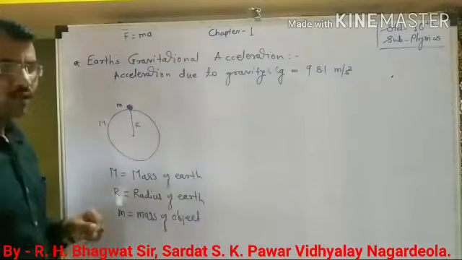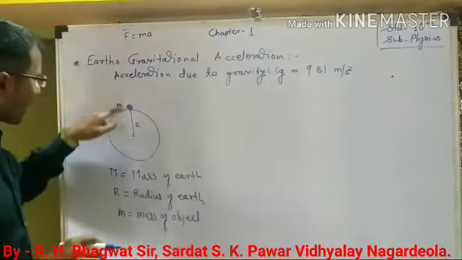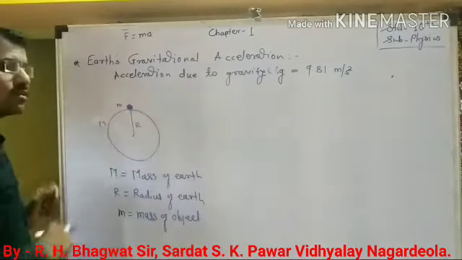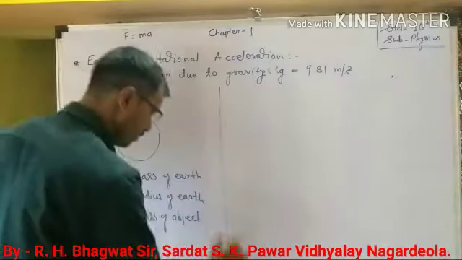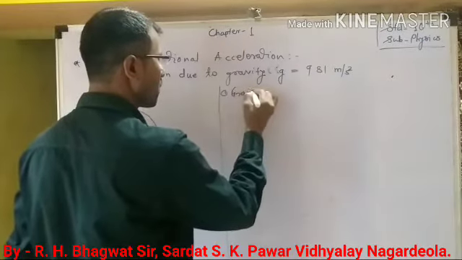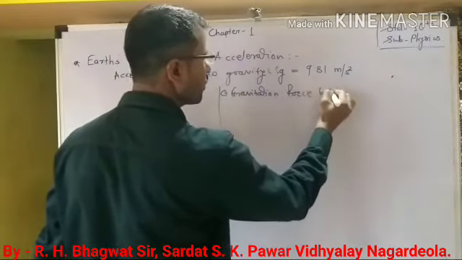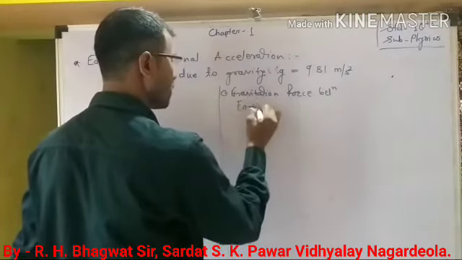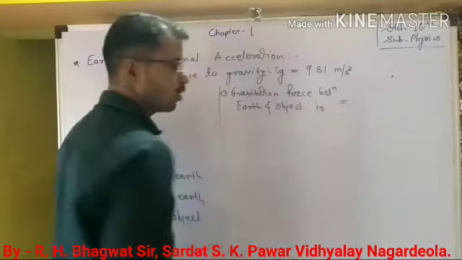According to Newton's law of gravitation, every object attracts every other object. Earth exerts an attractive force, or gravitational force, on this object, which is given by the gravitational force F between Earth and the object.